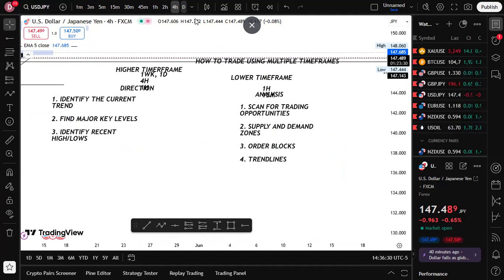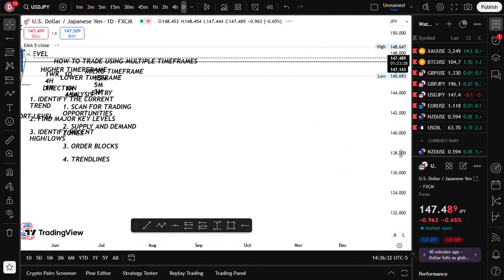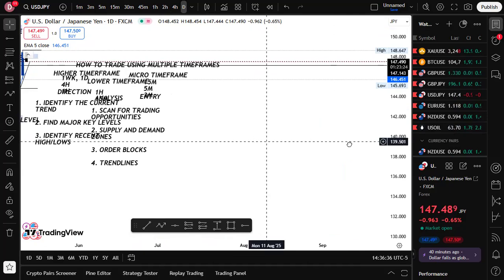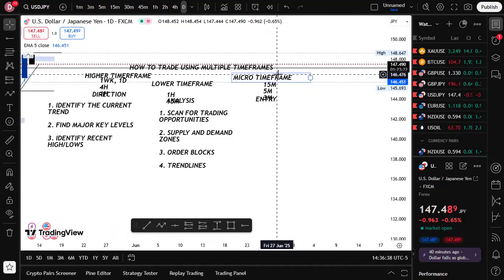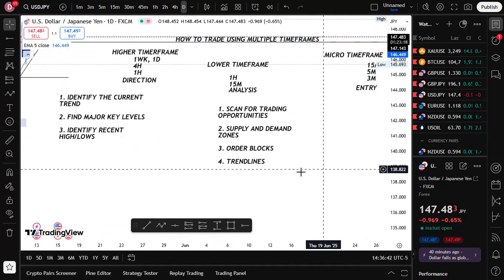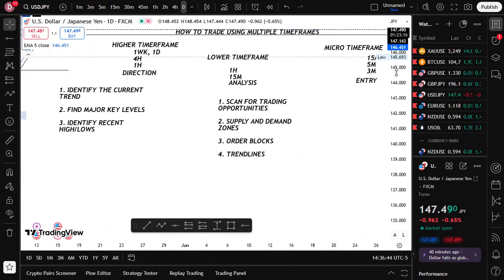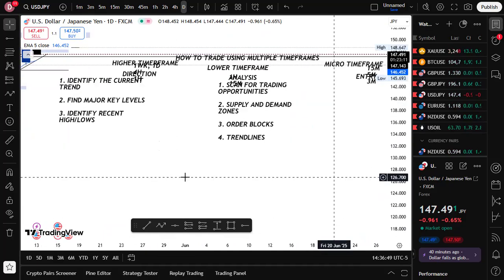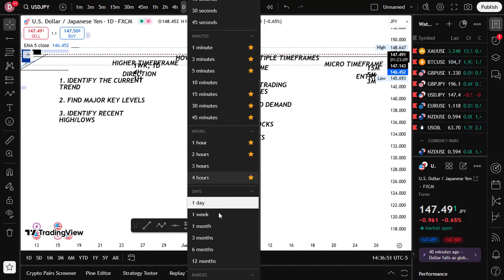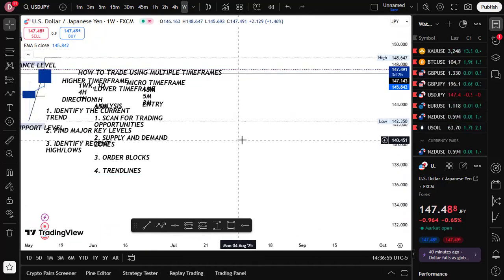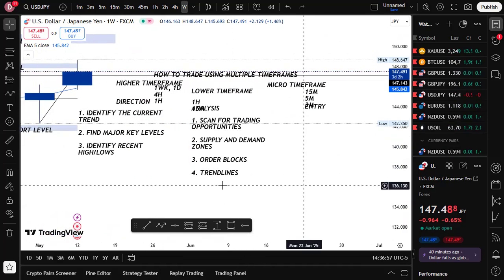Now the next thing here on my micro time frame is, say, 15 minutes, 5 minutes, or even 3 minutes to look for our entry. Now this is where you can see that we look for entry, right?